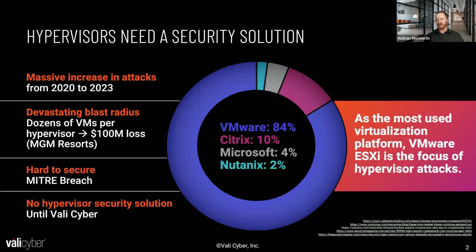Like this slide shows, I won't go through each one of these details, but hypervisors need a security solution. In the last few years, attacks have been way up on hypervisors by a really large magnitude. Some examples include high-profile attacks like Johnson Controls or MGM, or even the MITRE breach that happened in 2024.